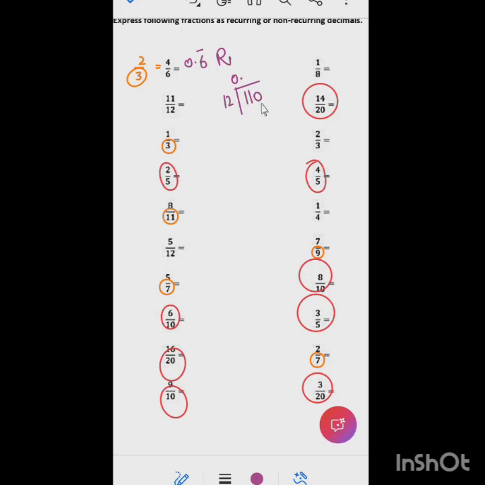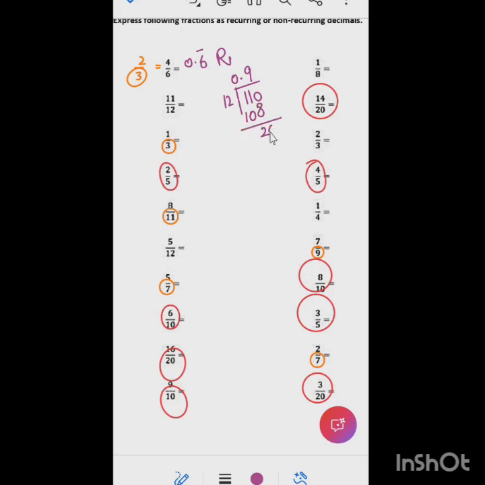110. We have 12, 24, 48. 12 nines are 108, so 2 is the remainder.